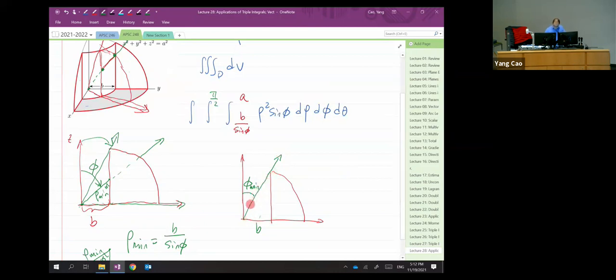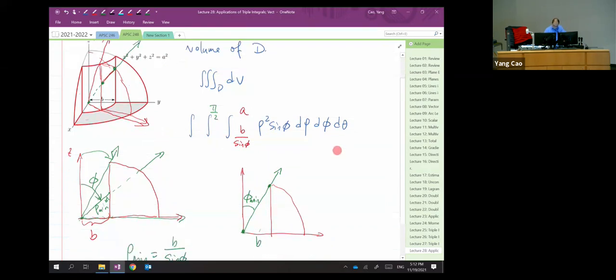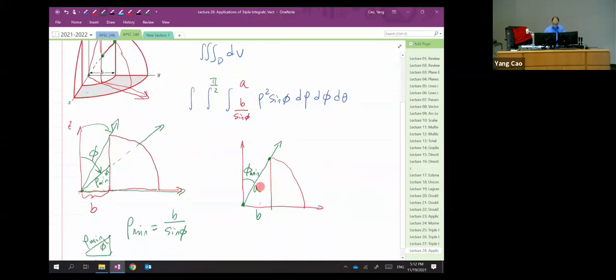If I look at this right triangle, what is the length from here to this edge? A, exactly, right? Because that point is on the surface of the sphere with radius of A. So this hypotenuse here is A.